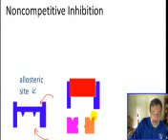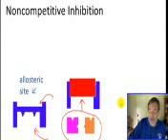If we increase the concentration of the reactants, they still will not be able to displace the non-competitive inhibitor. So the reaction rate will be permanently altered.